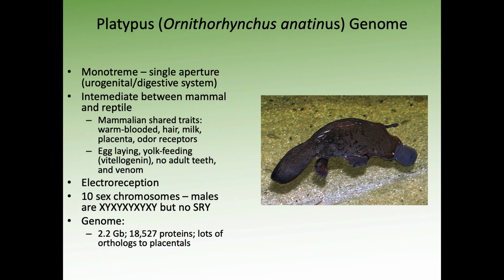and this organism is a monotreme, which means that it has a single aperture for both its urogenital purposes and its digestive system. So, a cloaca, which is basically the same place where it's going to excrete waste and do its reproductive activity.